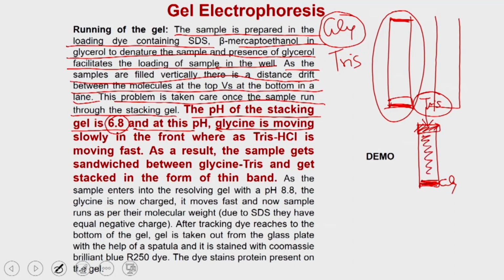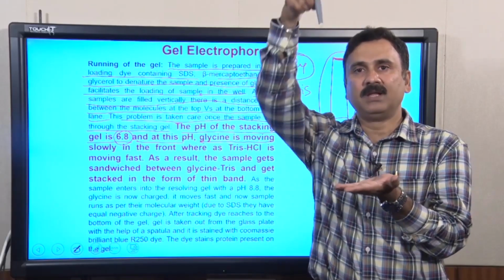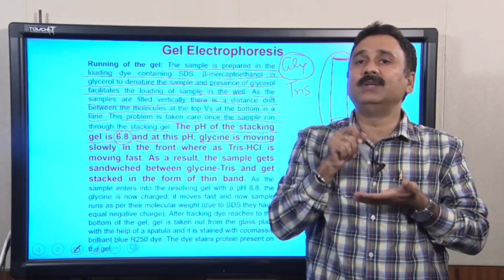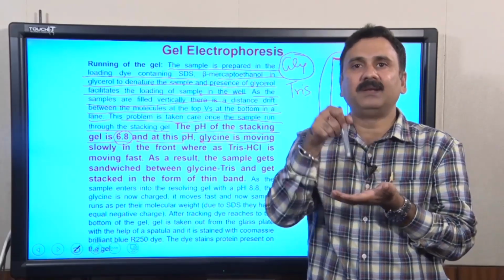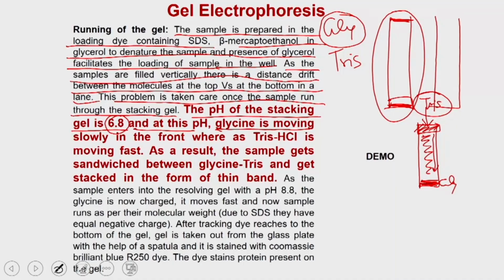The tris is moving very fast from the back side, whereas the glycine is not moving. So the tris is pushing the sample while it runs into the stacking gel, and as a result the molecules come very close to each other and form a small band.